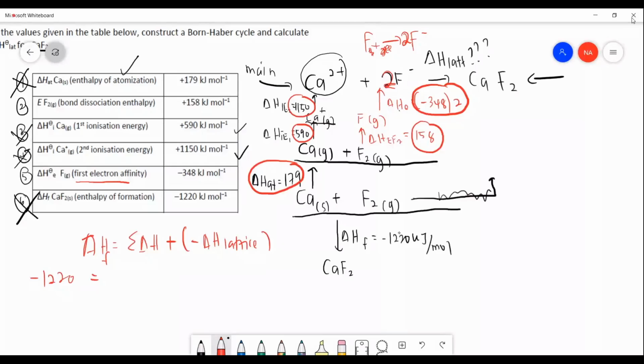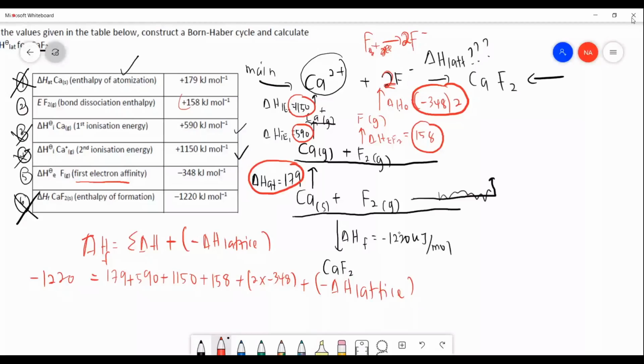Okay, so 179 plus 590 plus 1150 plus 158. The 158, which one? 158, here. And plus 2 times negative 348. And the last one is lattice, plus negative delta H lattice.